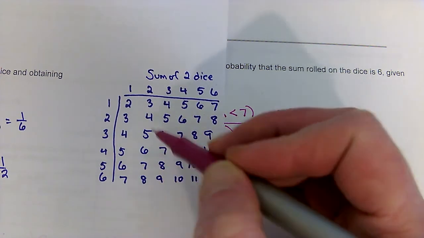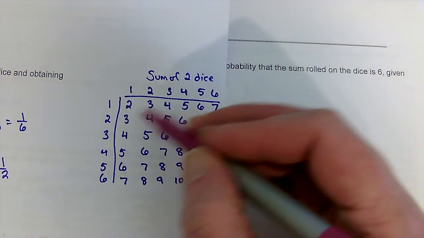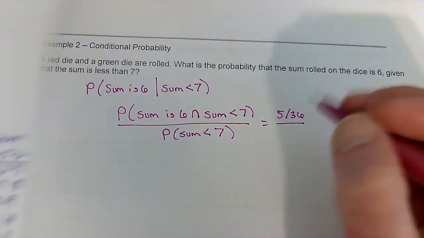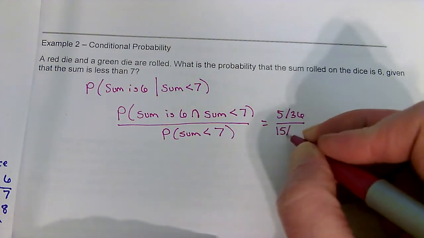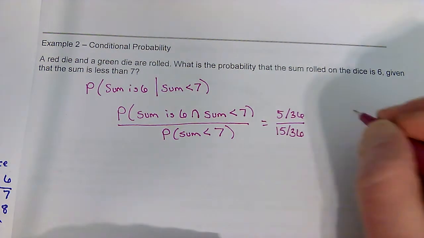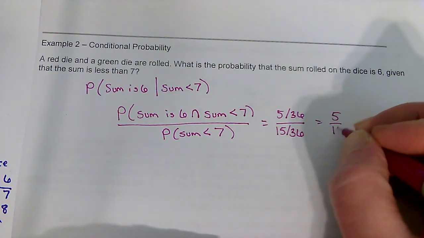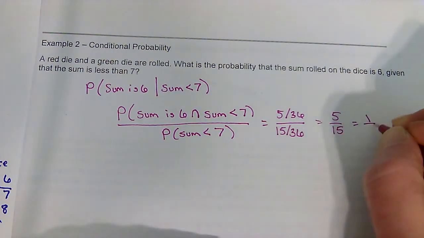Oh, less than 7, so not including this row. 2, 3, 4, 5, so that's 15 of them. So we end up with 5 out of 15, or 1/3.